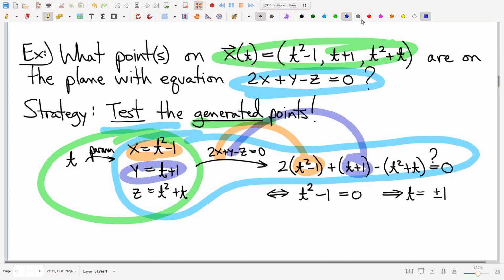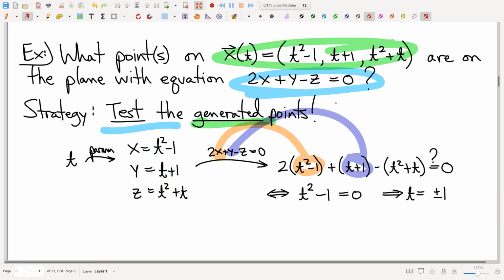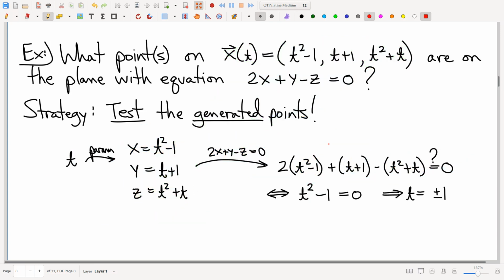The formula for z goes where z is in the equation. And just see what values of t make this test actually work. This is a big equation involving t. You can solve for t. And let's see what comes out when you solve for t. You get these values of t right there. Those are the correct values of t.